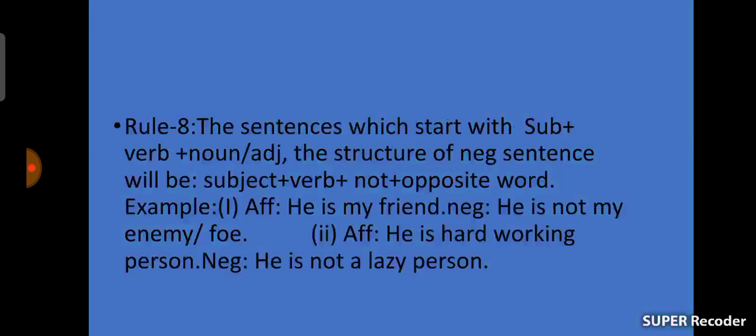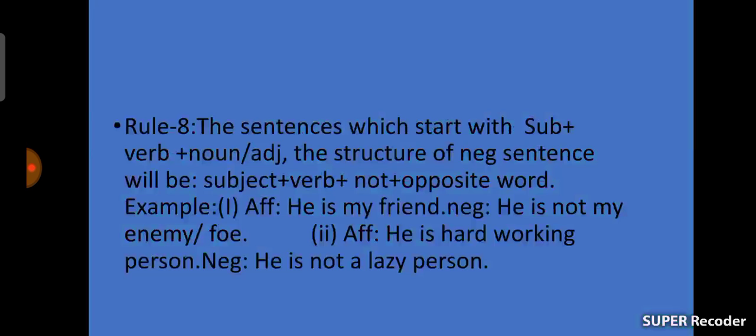Rule 8. For sentences which start with subject plus verb plus noun or adjective, the structure of the negative sentence will be subject plus verb plus not plus opposite word. Okay, dear students, here you should memorize the negative or opposite words of some words.